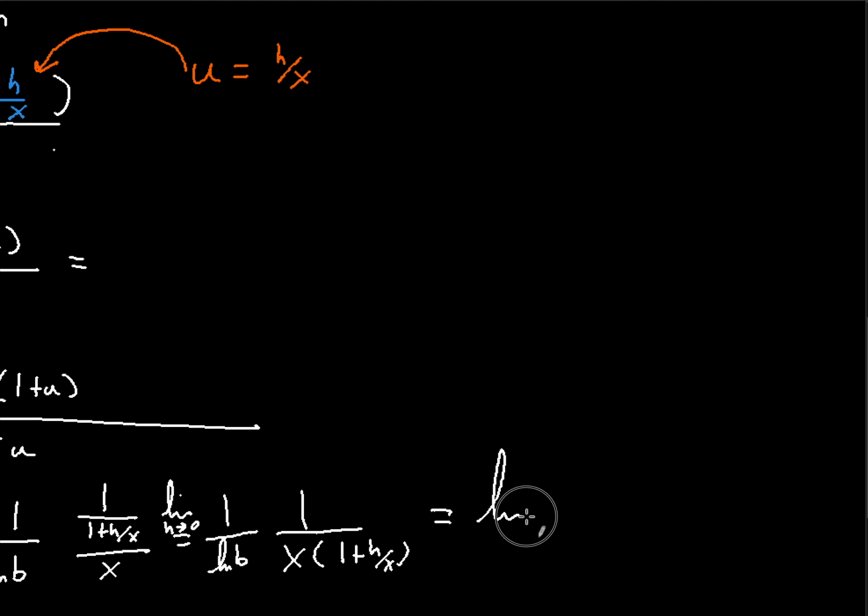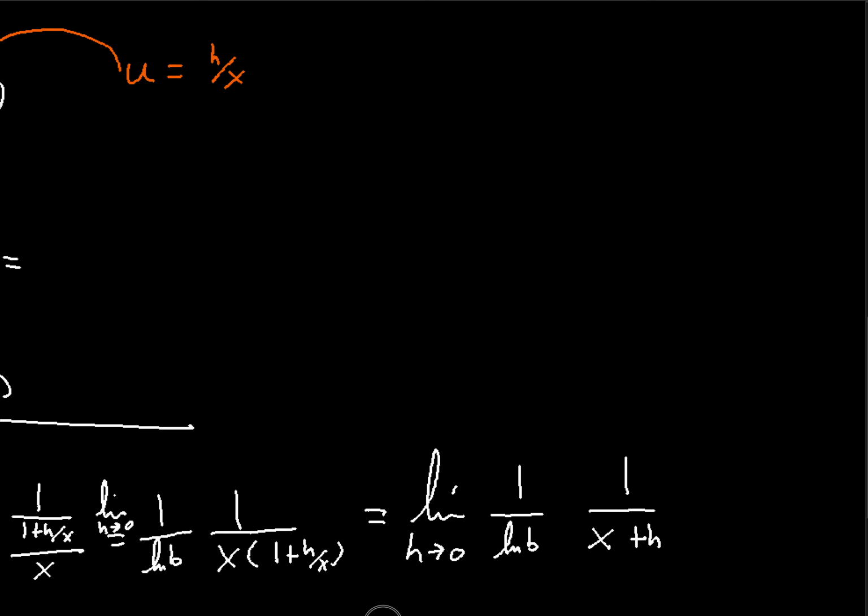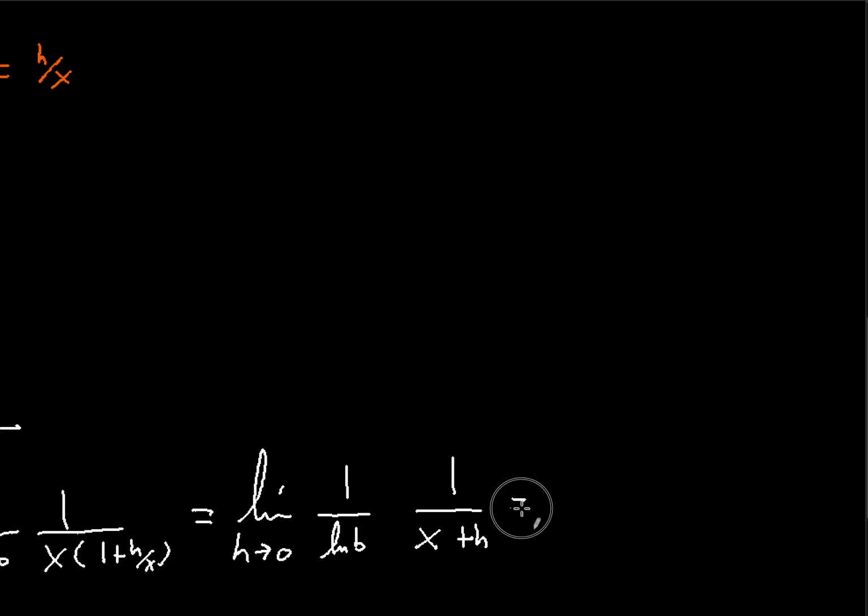I'm not going to forget it this time. h approaches 0 of 1 over the natural log of b, and that's going to be x, and that's going to be h. And see what happens when h goes to 0. You get 1 over x. So finally, after all that, I think we get 1 over the natural log of b times 1 over x.